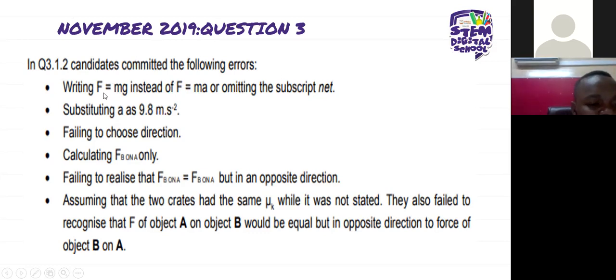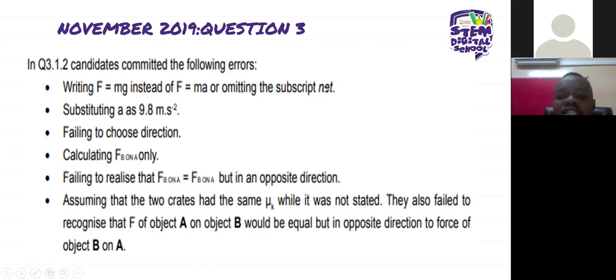This formula is not relevant and it's wrong in the first place, because it's the formula that we use to calculate the force of gravity. And even when we calculate the force of gravity, my dear learners, there we will put a g. So this is a completely wrong formula. Even this one looks correct, but it's not correct, because this one must say F net is equal to ma.